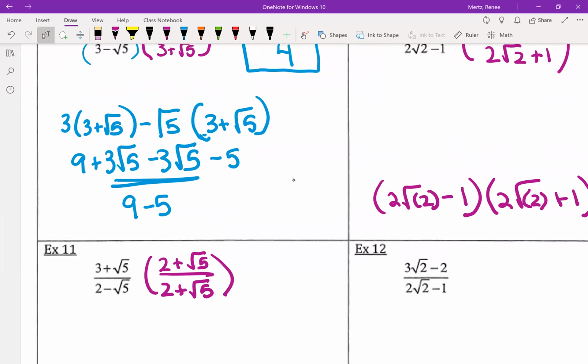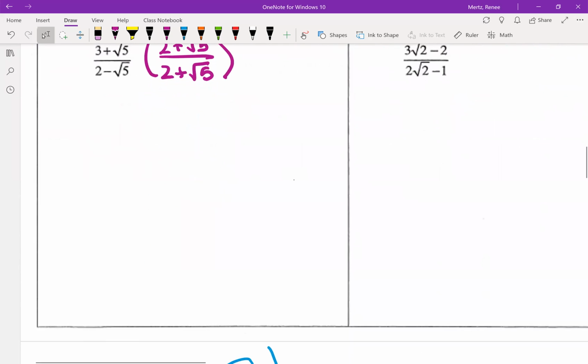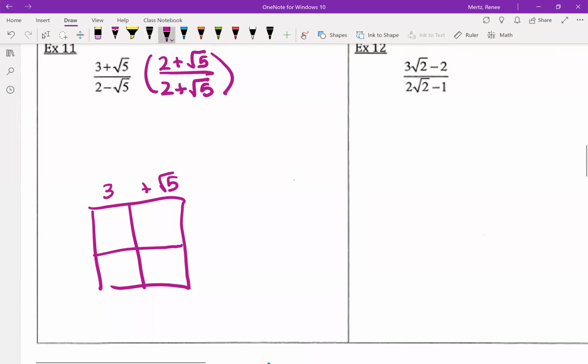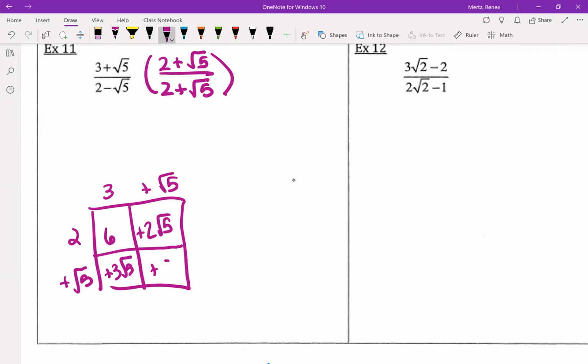So we have 3 plus radical 5, 2 plus radical 5. So 6 plus 2 radical 5 plus 3 radical 5 plus 5. So the top of this becomes 11 plus 5 radical 5.